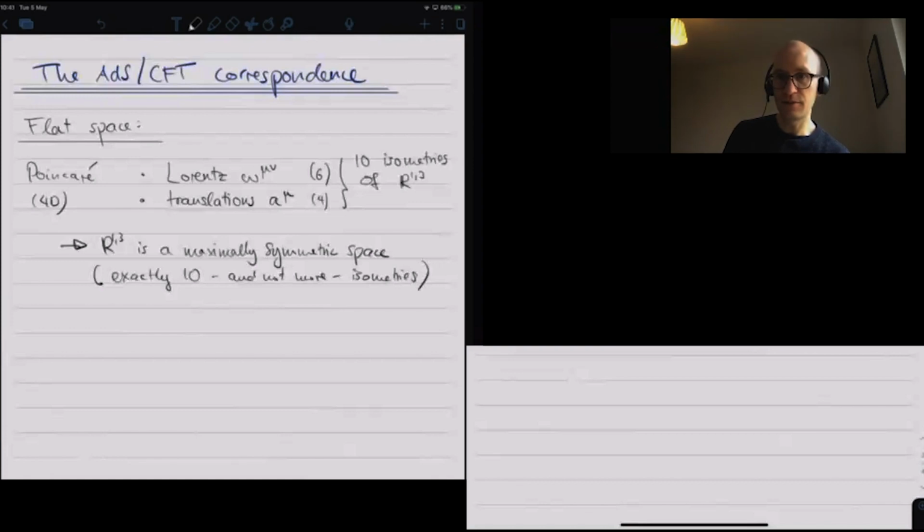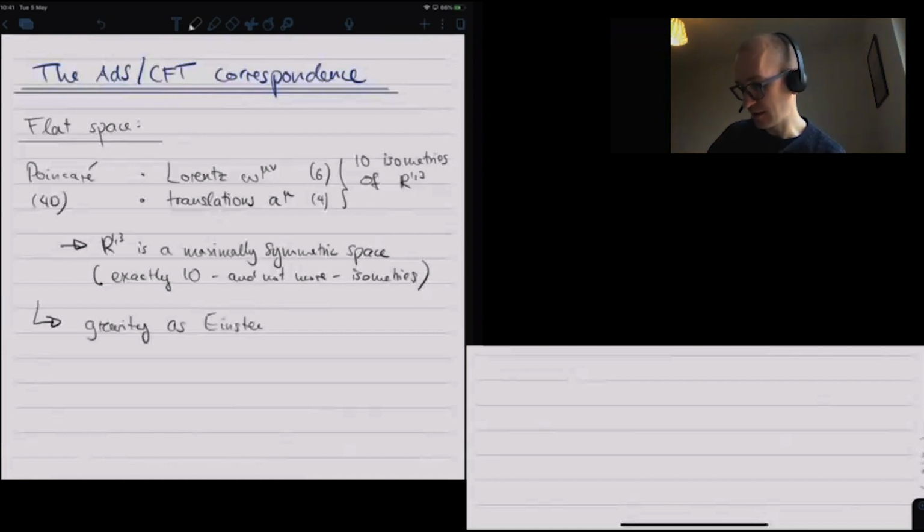Now, what we were saying is, we demanded that we have an S matrix which respects this Poincaré symmetry, satisfies unitarity, causality, and locality constraints, and we build up the theory from there. But what we found is that this leads us to gravity as Einstein EFT, one can call it like that.